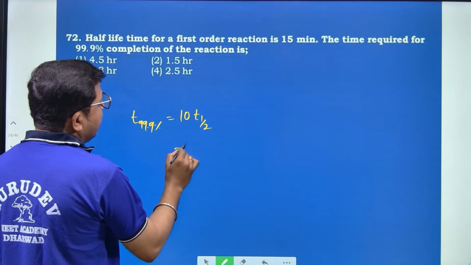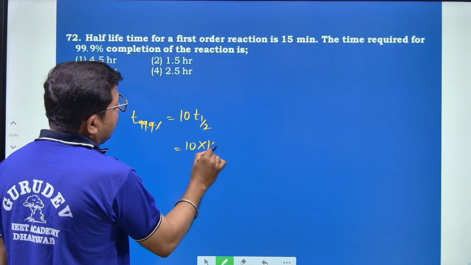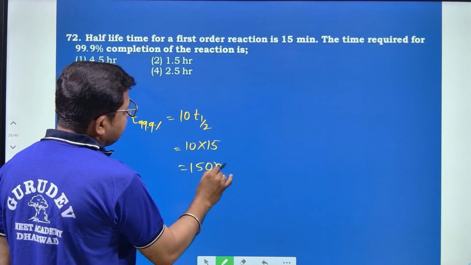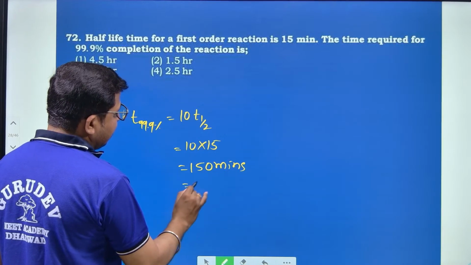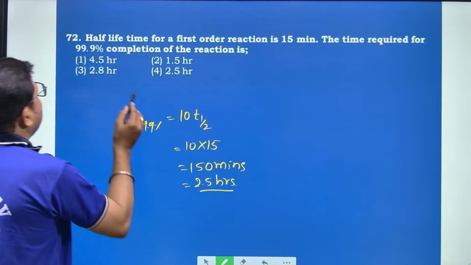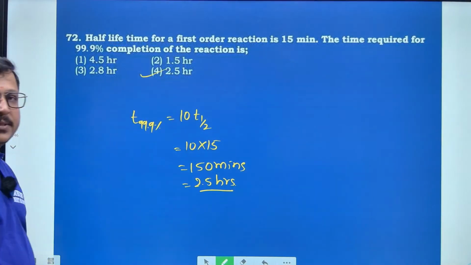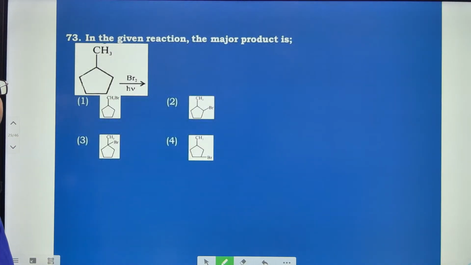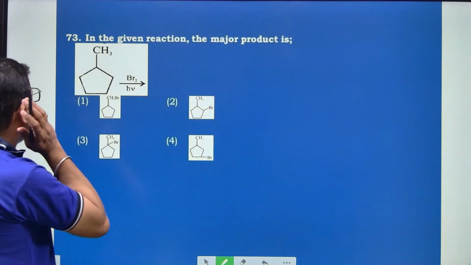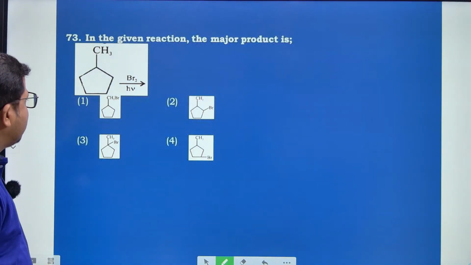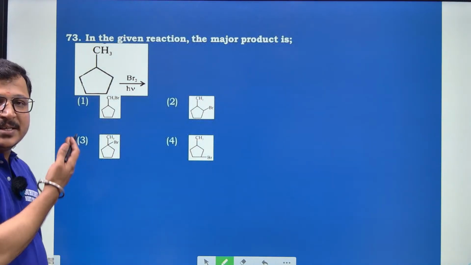So they have given 10 into 15, 150 minutes. 150 minutes is nothing but 2.5 hours. This is the answer, option number 4.